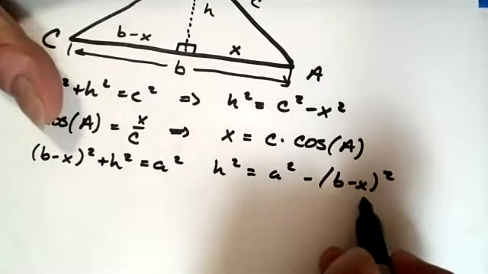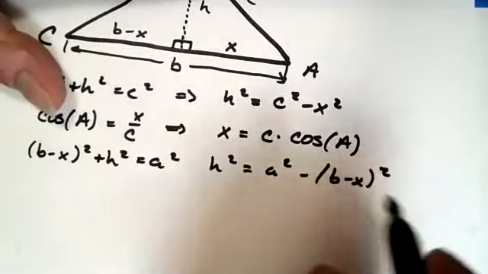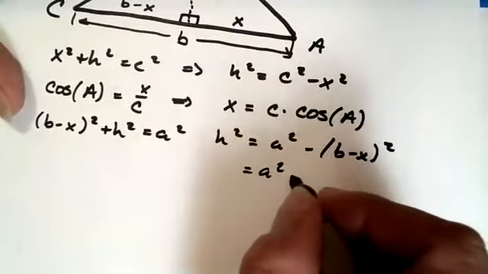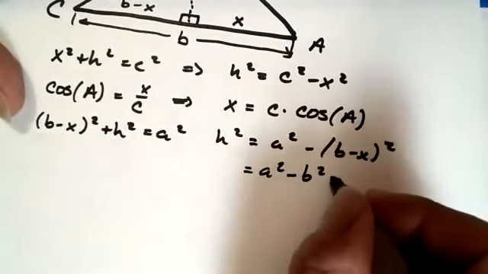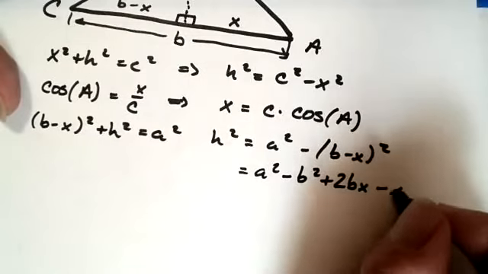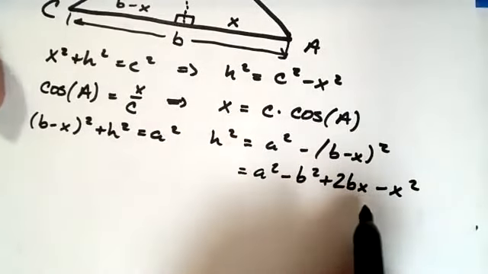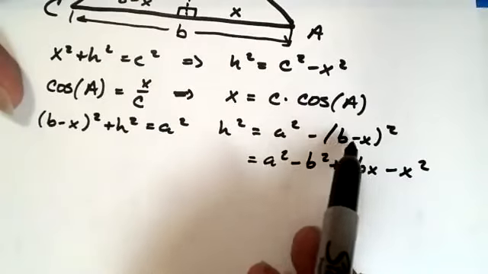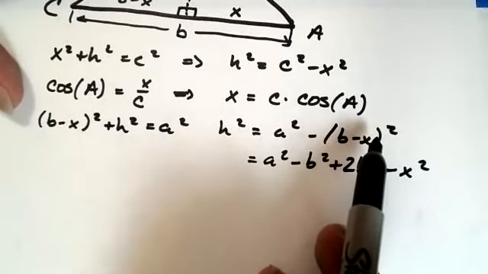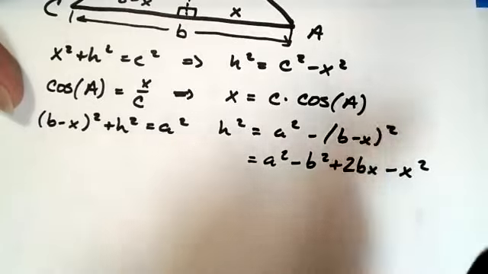So I'll distribute it out. This is a squared minus b squared plus 2bx minus x squared. You can go back and verify that: you FOIL this out, you get b squared minus 2bx plus x squared, and then the negative sign comes through.